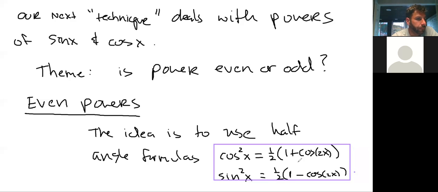Okay, so let's do an example where that's the case. Start with a baby one. Suppose we want to integrate, say, cosine to the fourth.